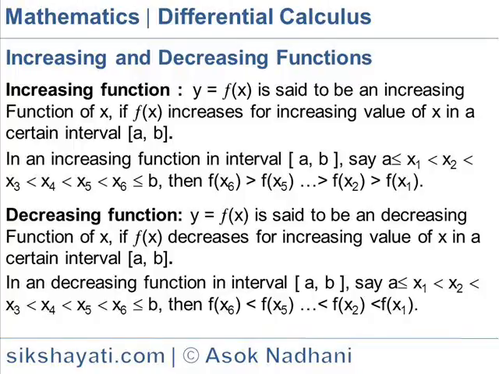In such a case, the tangent at any point makes an obtuse angle with the positive direction of x-axis, that is dy/dx is less than 0, and the curve y equals f(x) will be falling in that interval.